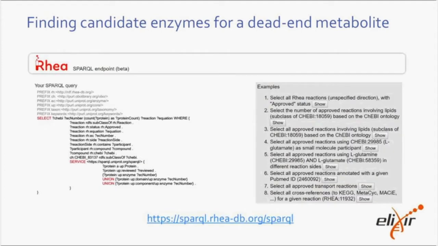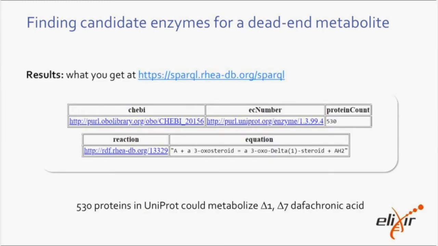Okay. So again, you can run this query now on Rhea, and the kind of results you get are shown here. So first we have the ChEBI class for which enzymes were identified, ChEBI 20156, which is our 3-oxo-delta-1 steroid. We get the corresponding EC numbers, the protein counts, which are linked to those EC numbers, the corresponding reaction, and the equation.